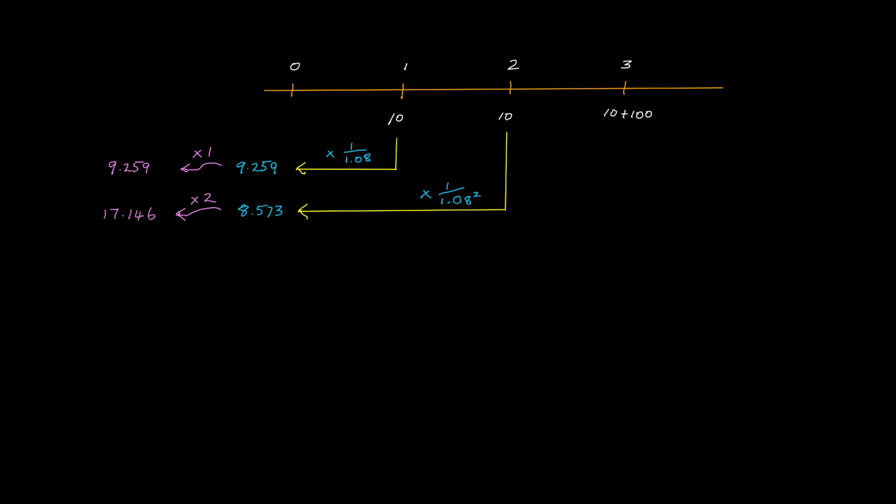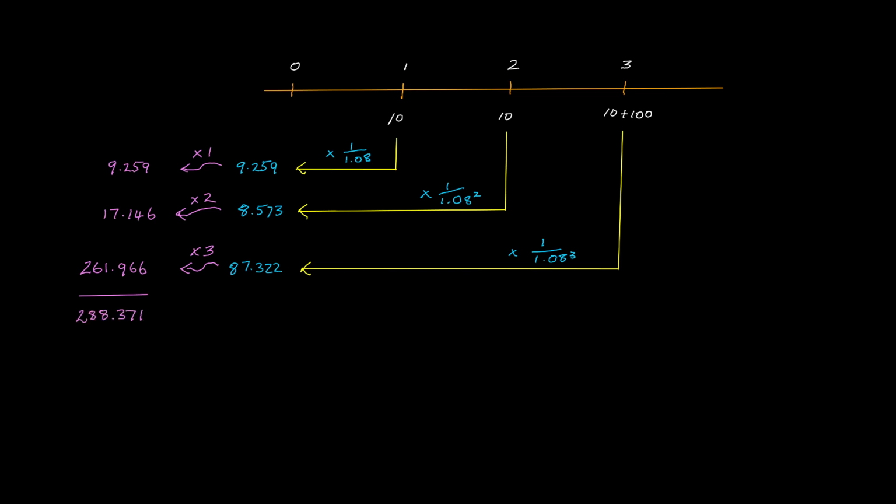And then finally, the 110, the last of the cash flows for this particular bond, discounted at 1.08 cubed for a present value of 87.322, and I'm sure you can see the pattern here, times 3, because that is the Macaulay duration weighting, for a subtotal in purple of 261.966.